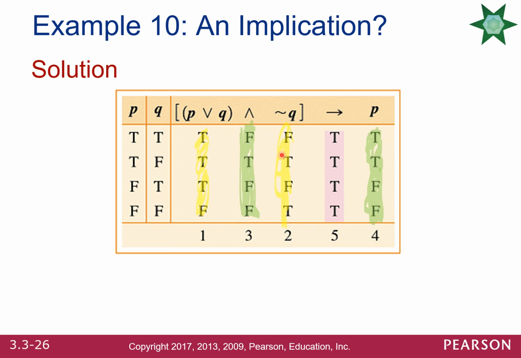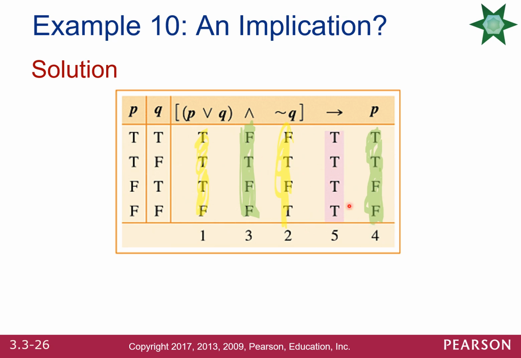Over here, F, T resolves to a T. T, T resolves to a T. F, F resolves to a T. F, F resolves to a T. So we do not have any case where the first one is true and the next one is false, correct?